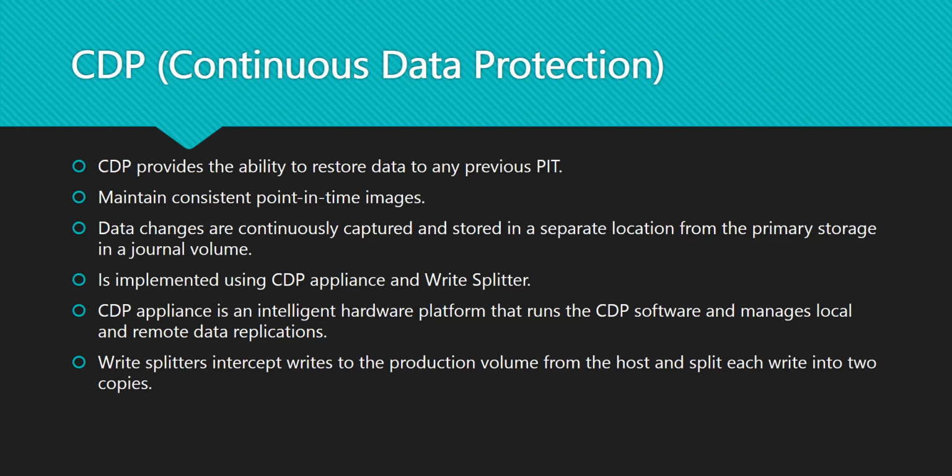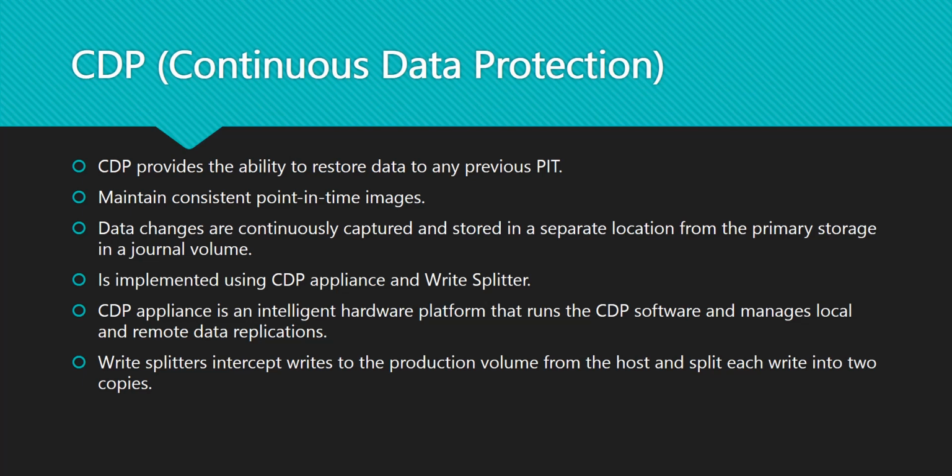So this is the advantage of CDP, that it allows us to restore the data to any previous PIT, which means point in time replication. In order to implement CDP, we need a CDP appliance and a write splitter. The CDP appliance usually runs the CDP software, which helps to manage the local and remote data replication, and the write splitter is implemented on the host side.